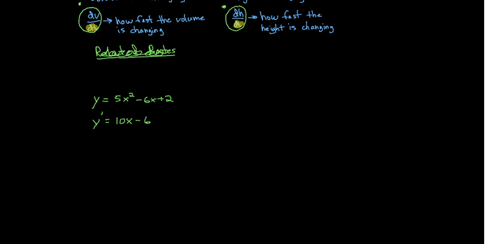One thing that's going to be helpful here is for us to start thinking about that in a different notation. So we still have this equation y equals 5x squared minus 6x plus 2. It's going to be helpful to think about this as taking the derivative of y with respect to x. Then if you're doing it to one side of the equation, you obviously have to do it to the other side, like all things algebraic.